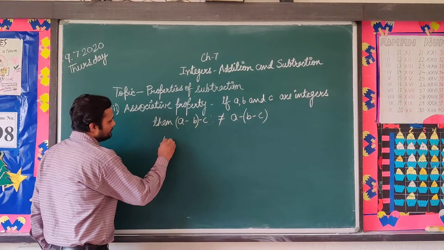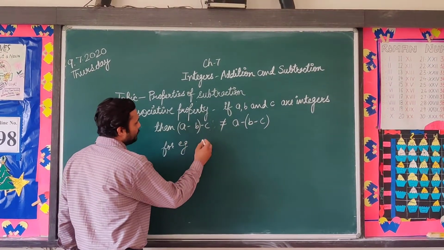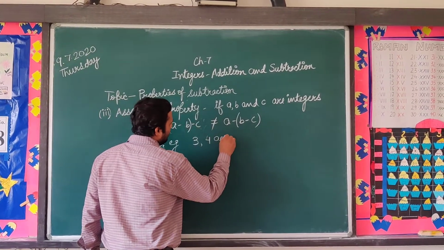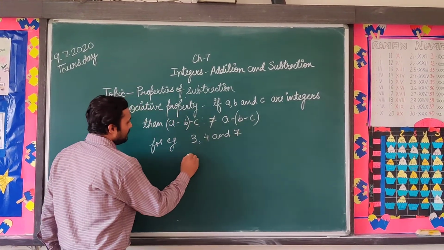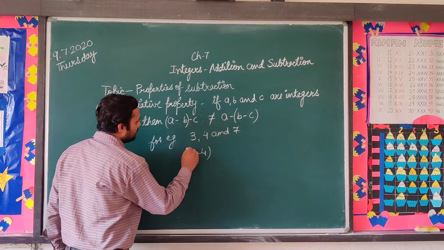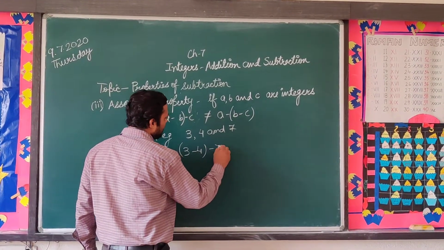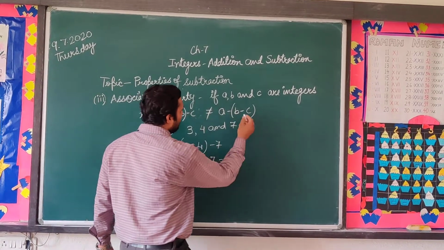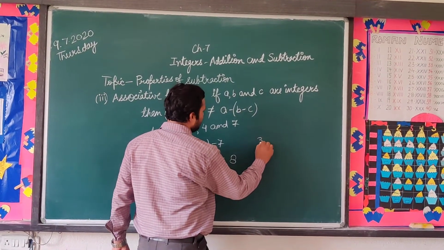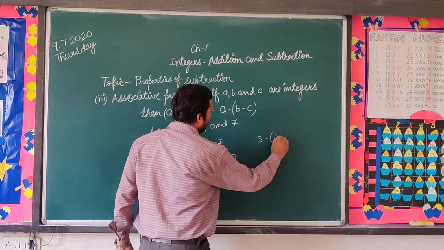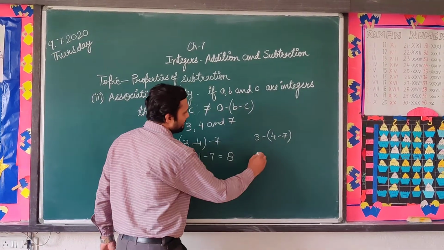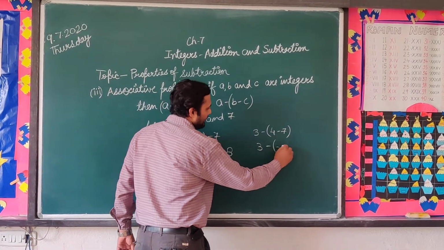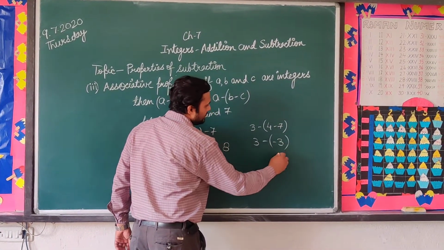For example, if you take 3, 4 and 7. 3 minus 4 minus 7. This is minus 1 minus 7, which gives minus 8. Here, 3 minus bracket 4 minus 7. 4 minus 7, you got minus 3.